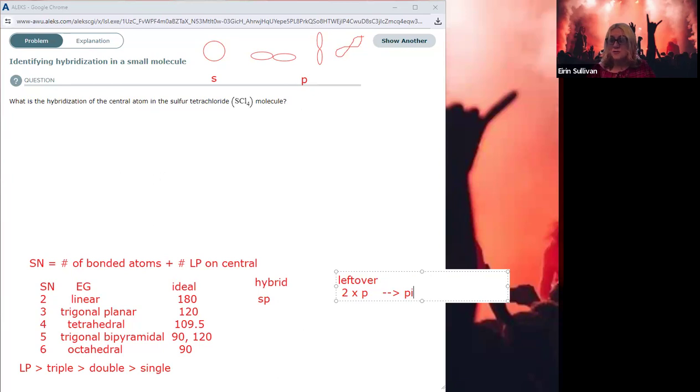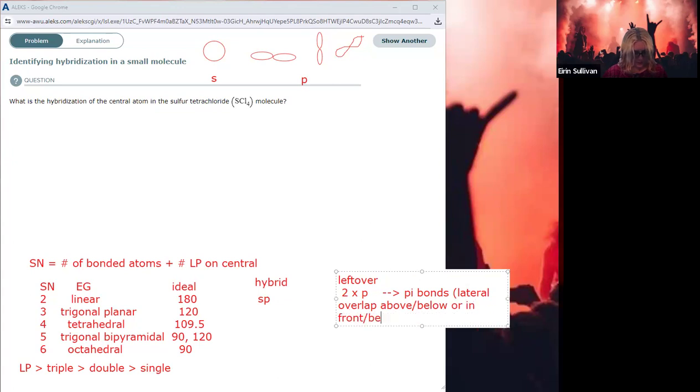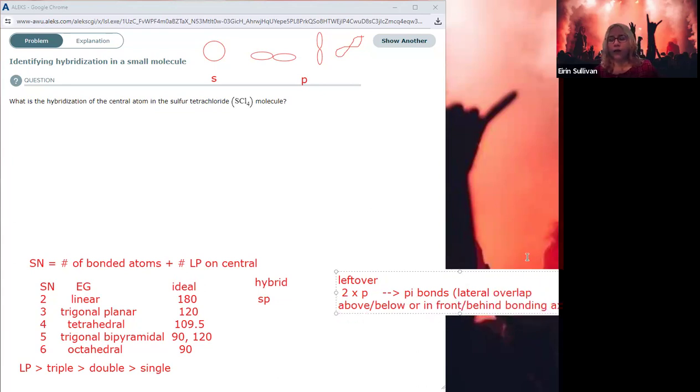So this is where triple bonds are coming in, trying to make that link to organic chemistry. So that is lateral overlap, above and below, or in front and behind the bonding axis. And the bonding axis is where you get your sigma bonds forming, right? Because they are directly where your bond is being formed.